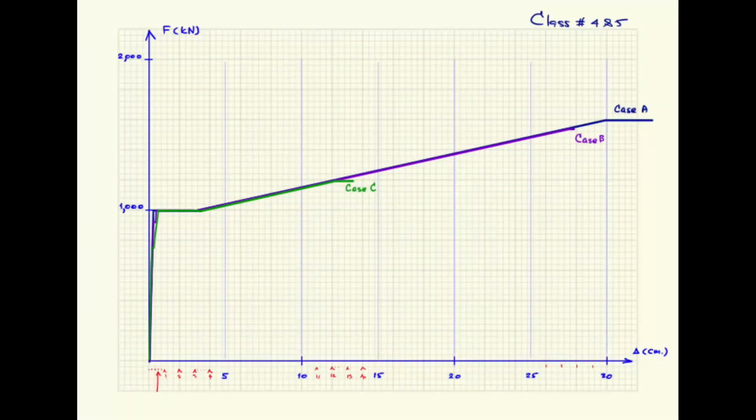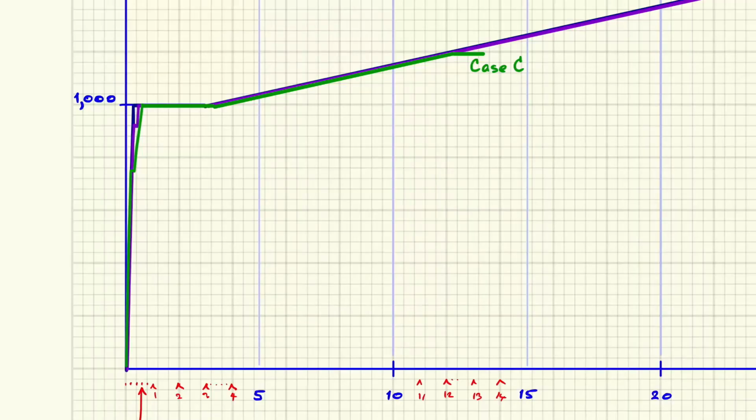Okay, I need to plot the 550 first. 2, 4, 6. Here it's a 5, 550 is here. And 880, this is 6, this is 8, 9 is just here, so 1 mark is 20. This is 880, and this is 550.